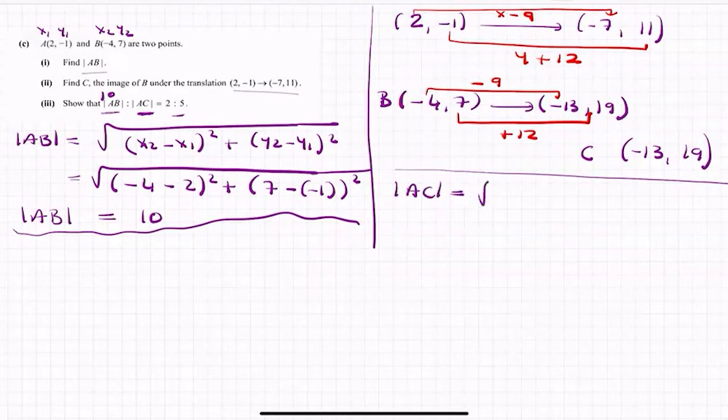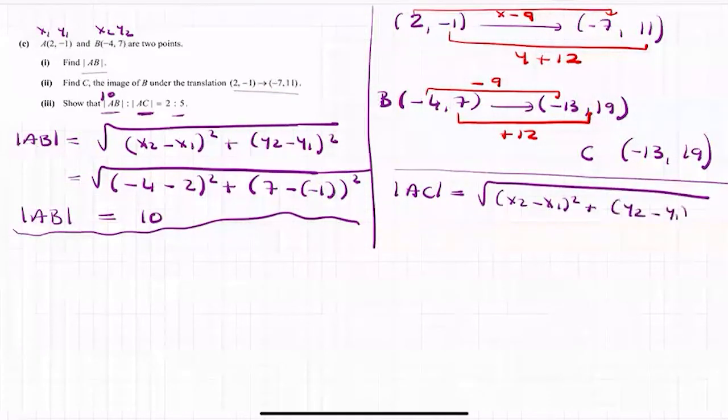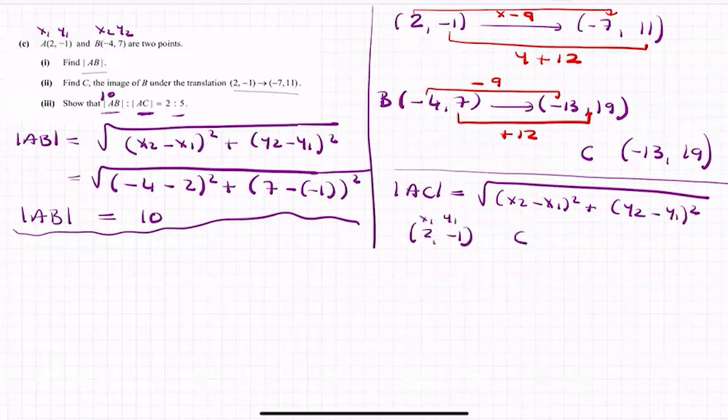Okay, and it's the same formula. It's the distance of a line. So the square root of (x2 minus x1) squared plus (y2 minus y1) squared. Okay, except the points this time we're doing are A, which is (2, -1). So that's my x1, y1, and C, which is the point (-13, 19), is x2, y2. So let's sub them in to find the length of AC.